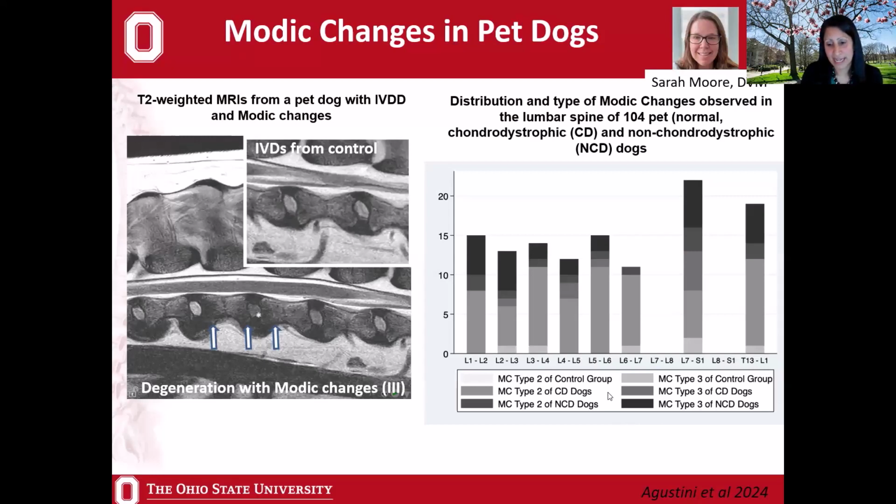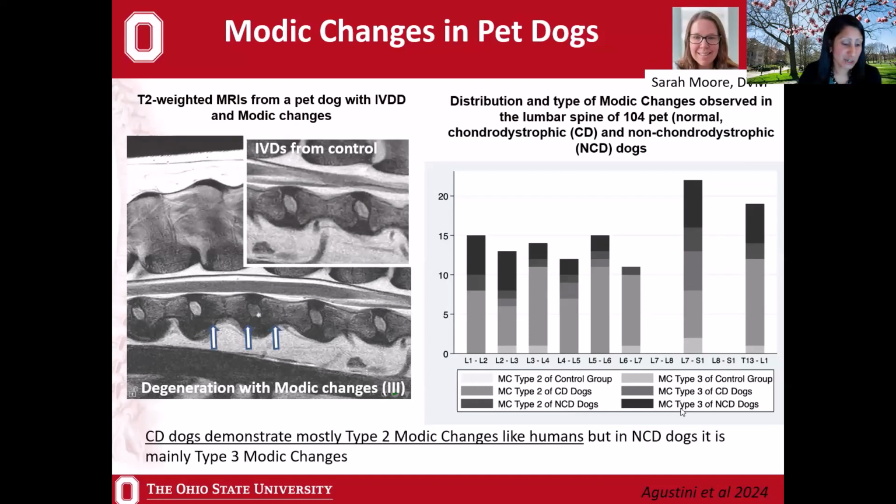What I want to highlight is that for the control dogs, for type 2 and type 3, we're seeing very minimal distribution and presence. For the chondrodystrophic dogs, looking at this level and the level above, you can see it's mostly type 2, a little bit of type 3. For the non-chondrodystrophic dogs, we see some type 2, but mostly type 3.